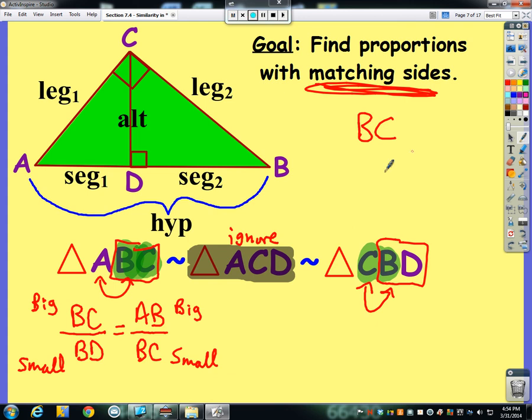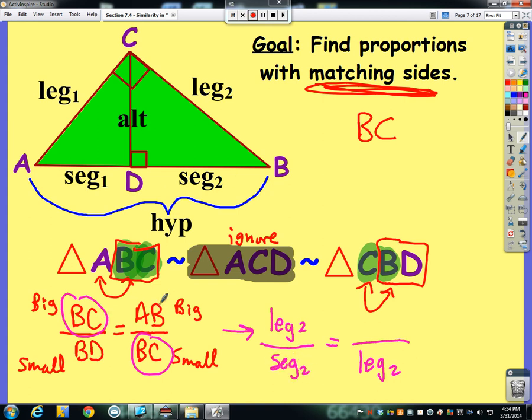So let's see. BC is leg 2. So this really turns into leg 2. And over here I had BC, right? So I got them in both spots. So those are both leg 2s. Then BD, let's see, BD, that's segment 2. And AB, well, that's the whole hypotenuse.